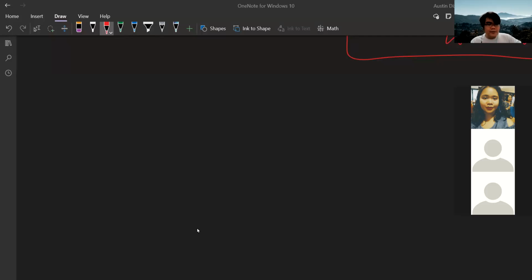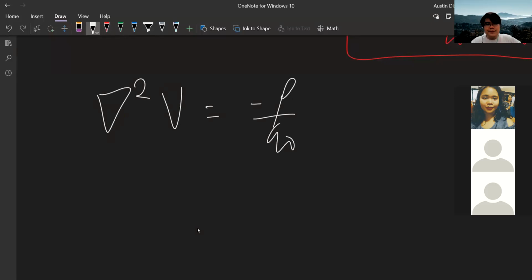If you have the Poisson's equation, the Laplacian of V equals negative rho over epsilon naught, and you're given a general Green's function, what is V?